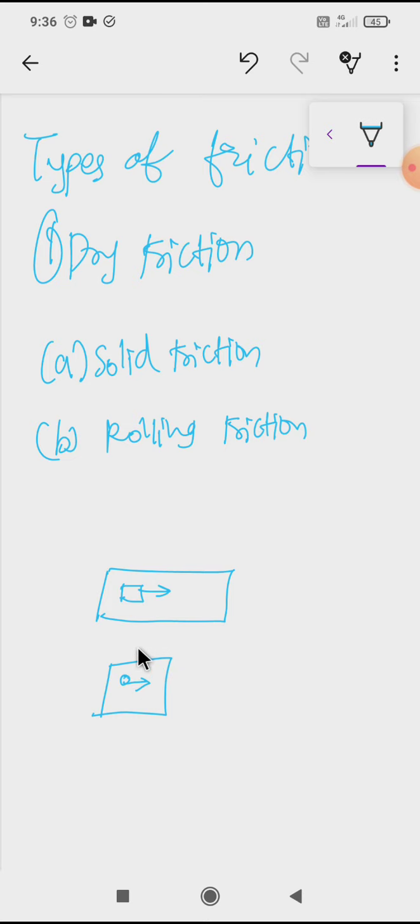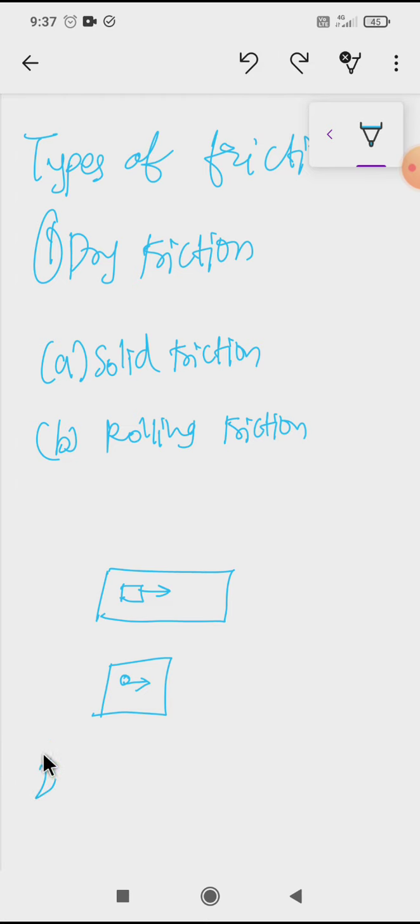It is rolling and not sliding. That type of friction is called rolling friction. For an industrial example, rolling friction is used in ball bearings. So there are only two categories in dry friction: solid friction and rolling friction.